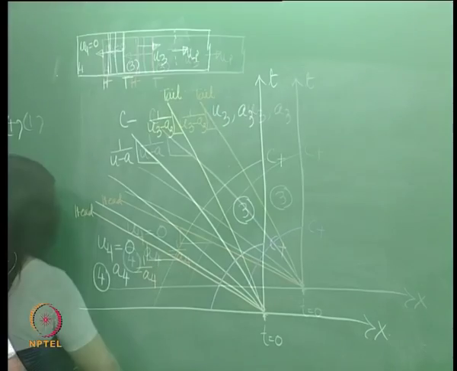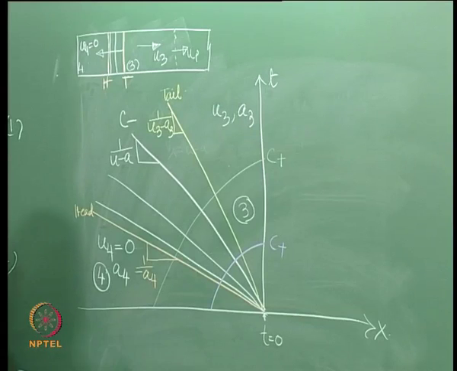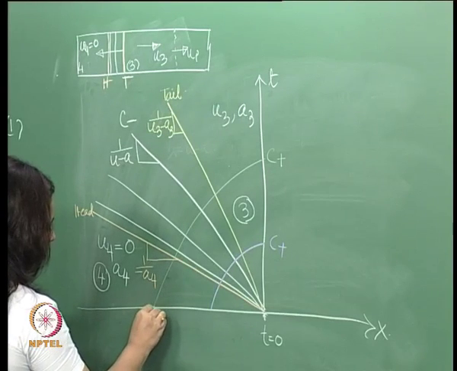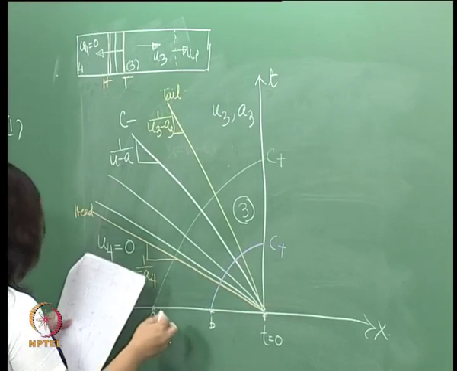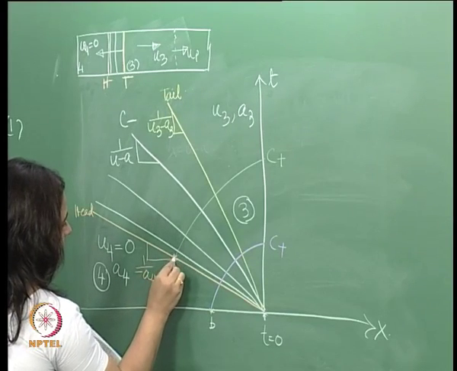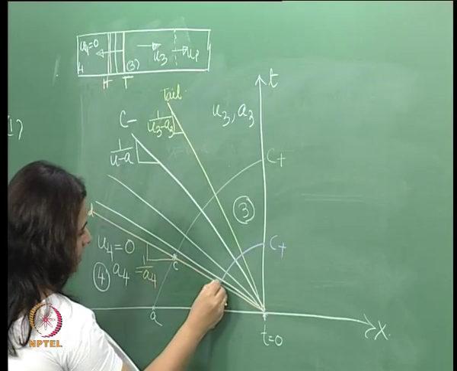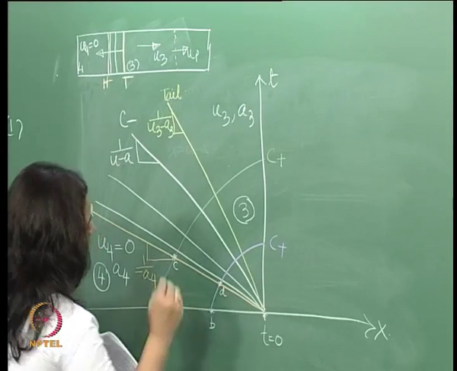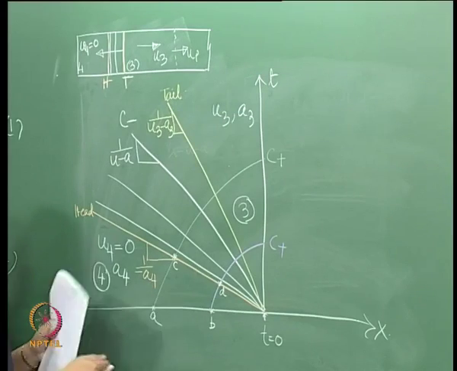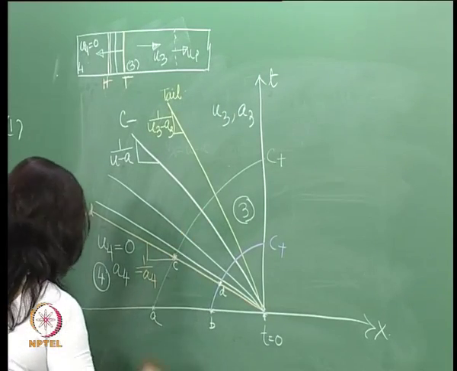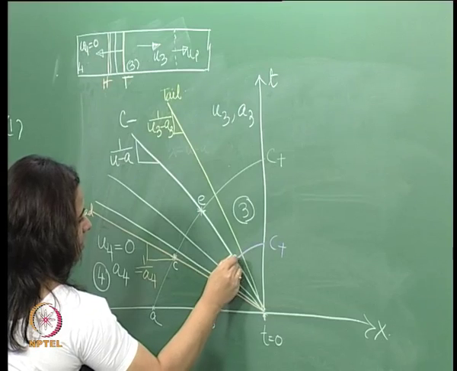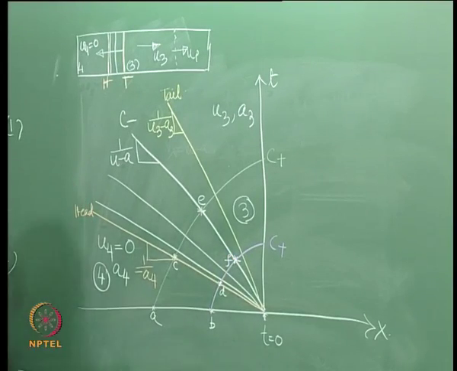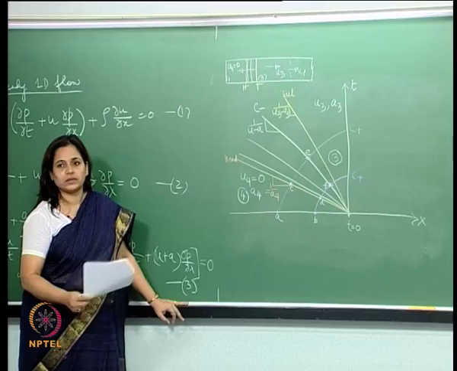Now, we are going to call these locations something. Let us call this A, B. Then on the head of these characteristics, this is C and this is D. And anywhere in the middle, this here is E and this is F. So, what essentially we are saying is that we are drawing these C plus characteristics.